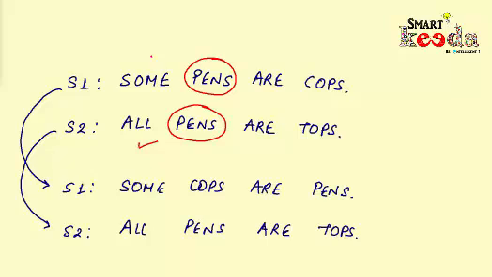Now you can see that the middle term, which is pens here, gets into the predicate part of the first statement and it is in the subject part of the second statement, and hence the statements make a proper alignment. And you can also see that the alignment is in Z shape with middle term at both the ends of the diagonal. So after the rearrangement, the statement 1 and statement 2 pass both the rule number 1 and the rule number 2.